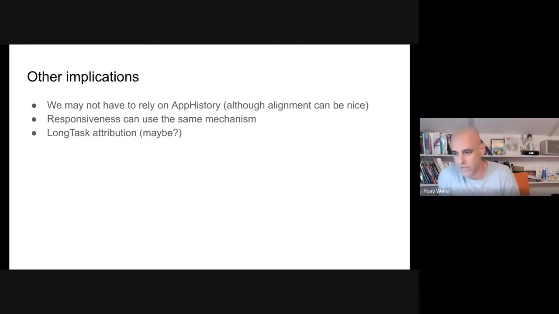Maybe we can mimic the same semantics for history API based SPAs. Responsiveness could potentially use the same mechanism. And then maybe this has implications on long task attribution, assuming we can translate task names from the random numbers that I gave them into actual names that mean something to someone.